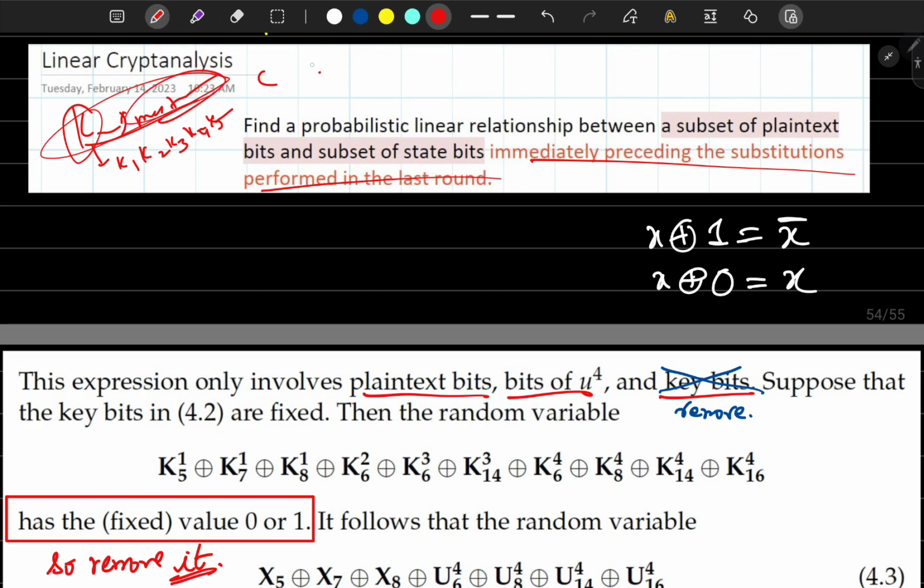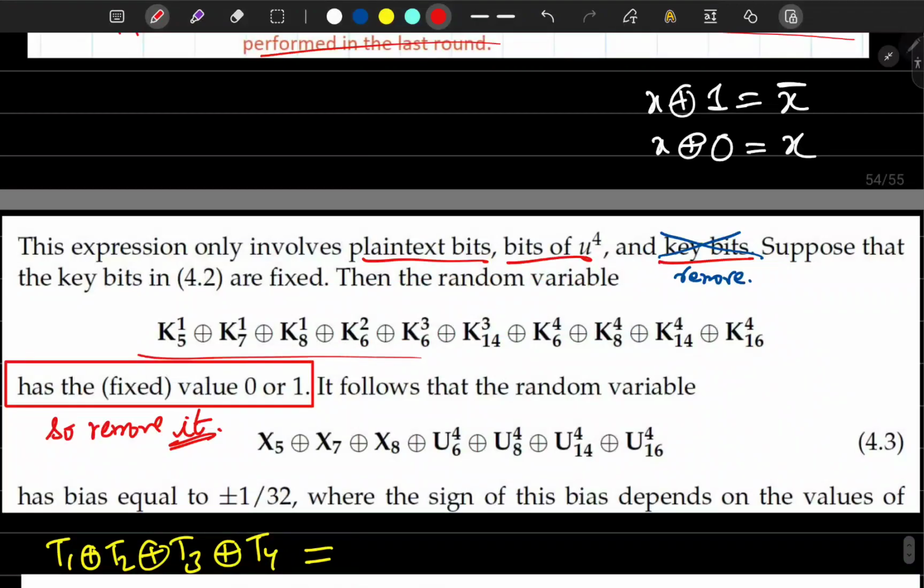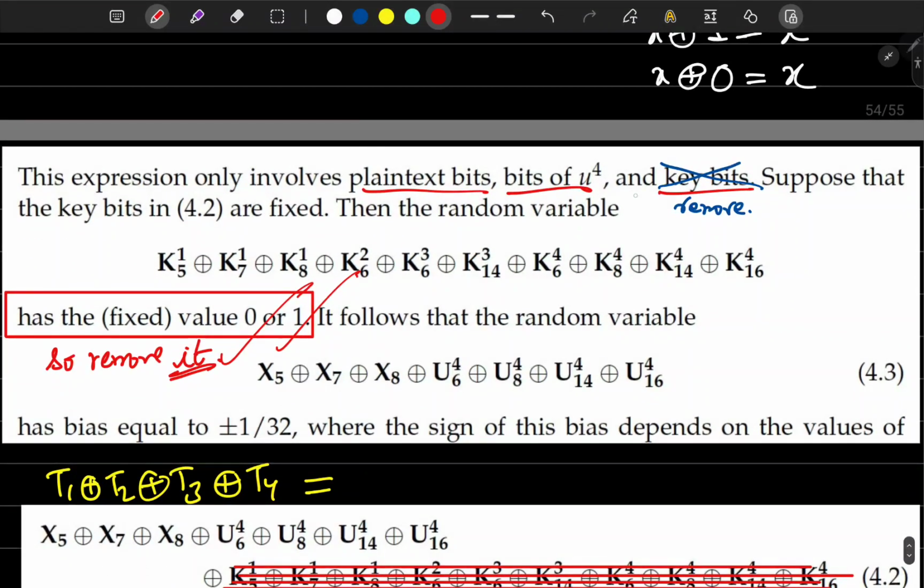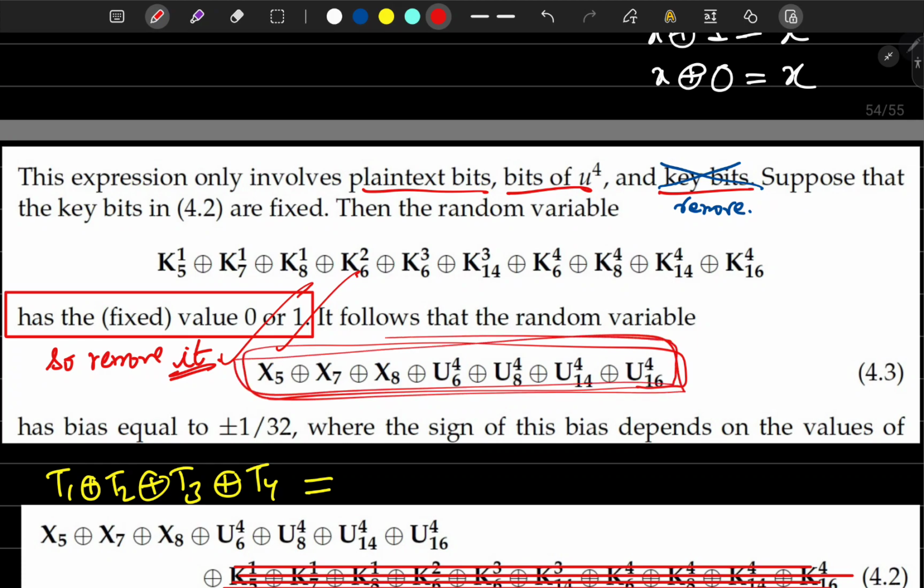So all these values are fixed. So when you XOR with all these values, it becomes either 0 or 1. So we can remove those happily and think of these as x1, x2 and so on. Okay, happy? You understand my point?